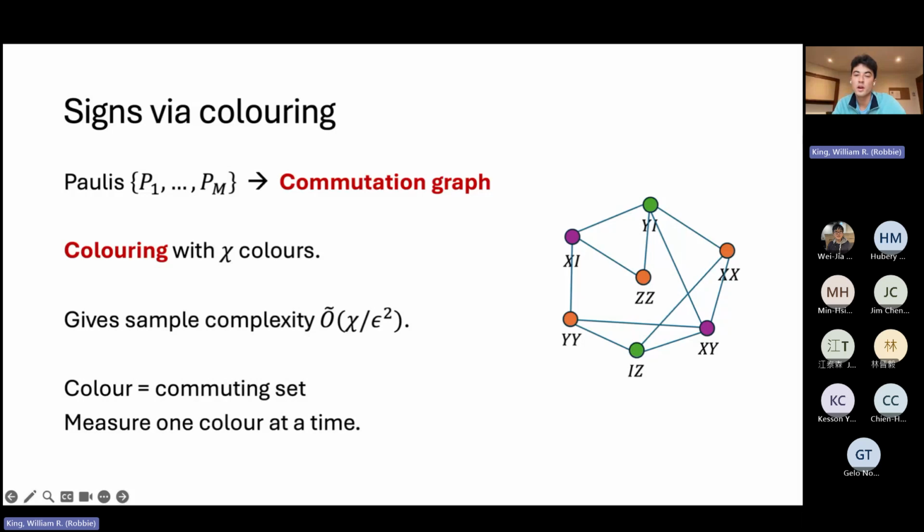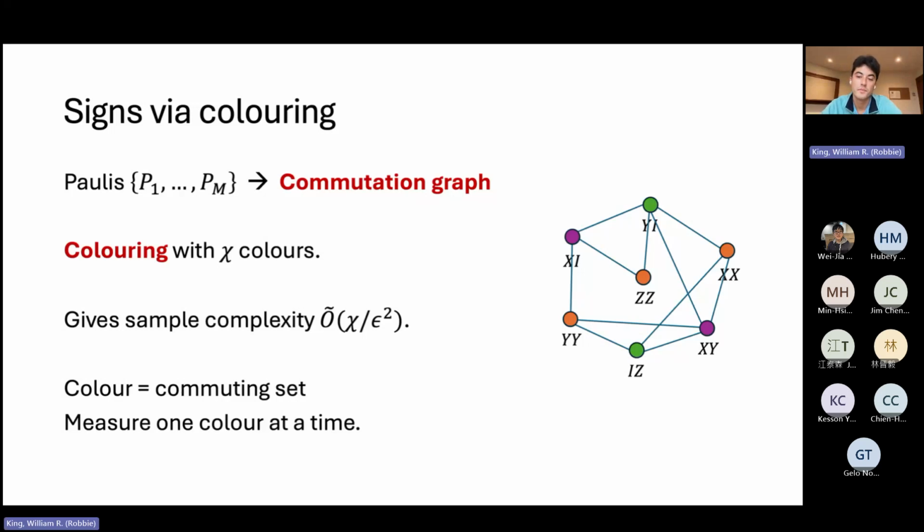Now, suppose I were to color this graph. So each color is an independent set. So there are no edges between vertices of the same color. So if you look at a color, each color is a mutually commuting set of Paulis. So I can simultaneously measure any independent set in this graph or any color.